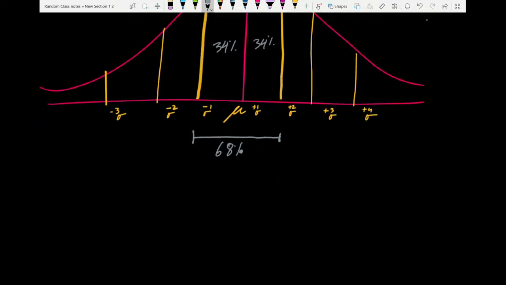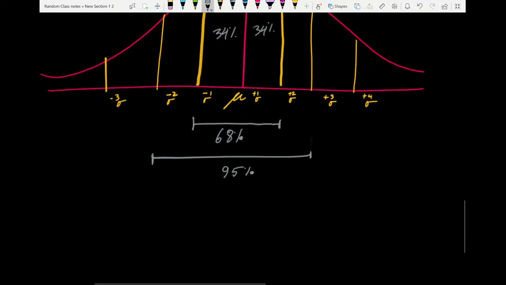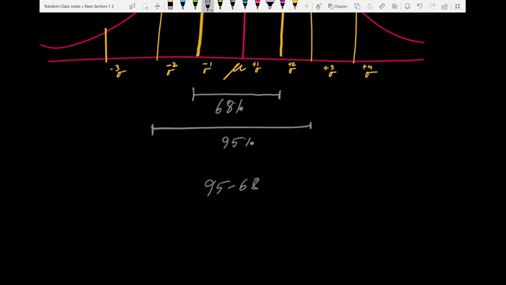Then for the 2 standard deviations, it covers 95% of the population. So this whole region you all see covers 95% of the population. Now, since I've already used 68% of the population, what percent do I have left over here? One way of doing that would be 95 minus 68.